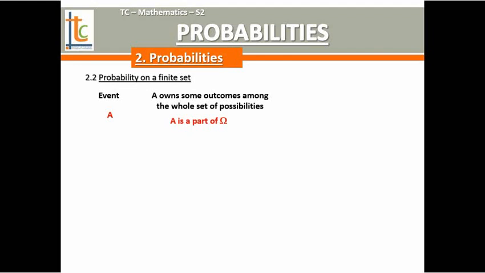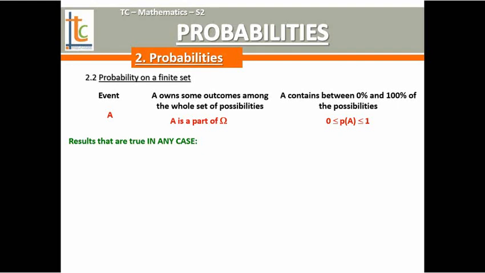And it contains a certain percentage of chances inside omega, between 0% and 100% of the possibilities. This percentage can be seen as a number that will be defined as a probability. So it's a way to define intuitively a probability of an event, but it will be enough for us. Just remember that a probability of an event is a number between 0 and 1, because it's between 0 percent and 100%.